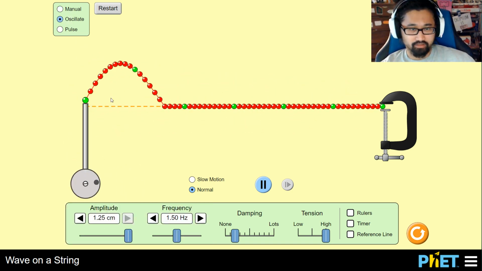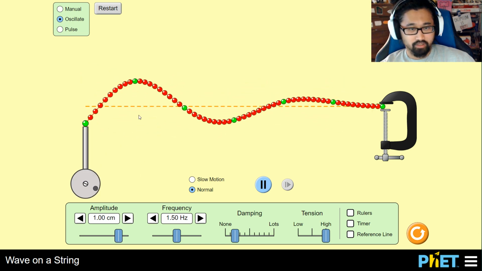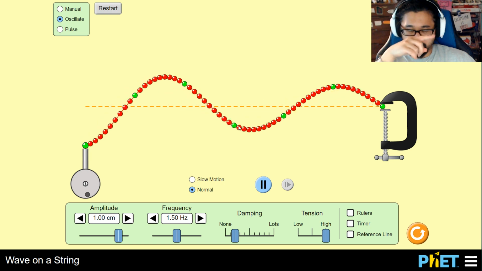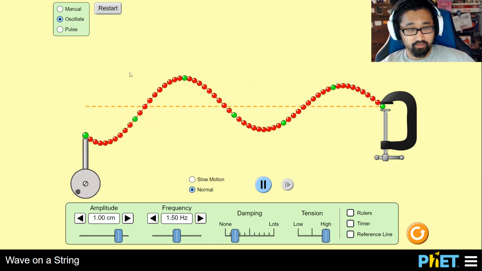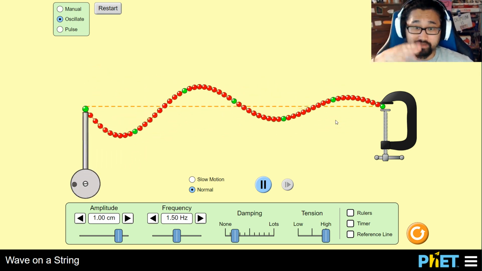Maybe I'll just go back to the oscillating because it'll be simpler that way. It goes up, down, up, down, up, down. It ends up hitting the end and it'll spit back. But each of these, right, it's bigger on this side than it is on this side. And again, I'm using the term wavy thing, which is very technical.